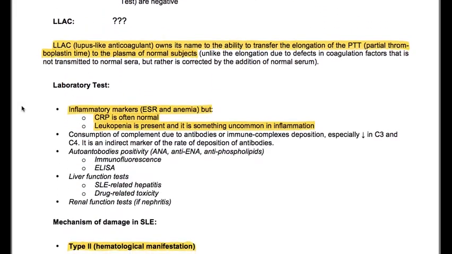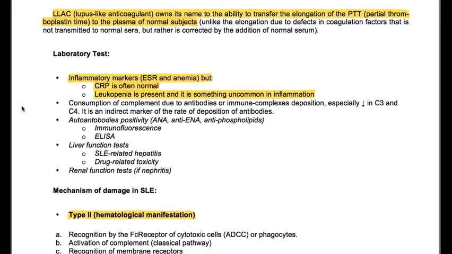So, lupus anticoagulant owes its name to the ability to transfer the elongation of the PTT, partial thromboplastin time, to the plasma of normal subjects, unlike the elongation due to defects in coagulation factors, which is not transmitted to normal sera, but rather is corrected by the addition of normal serum.